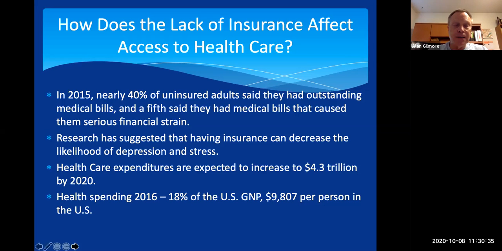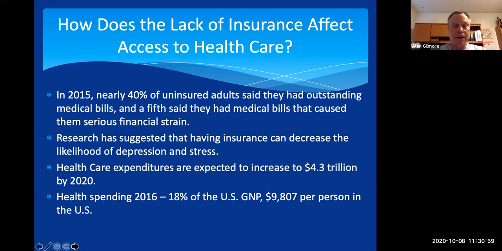In 2015, nearly 40% of uninsured adults said that they had outstanding medical bills, and a fifth said that they had medical bills that caused them serious financial strain. So again, this is another outcome of individuals not being able to afford the healthcare that they have and needing supplemental support.